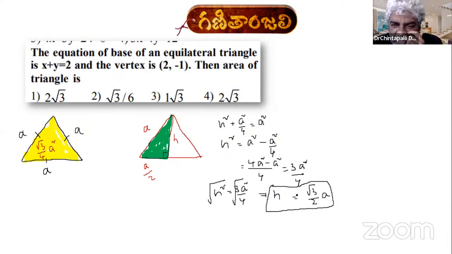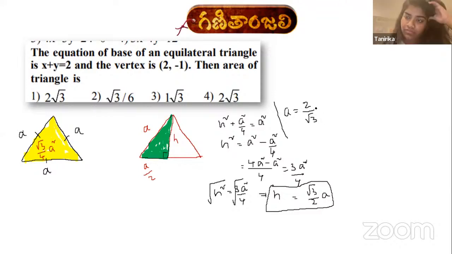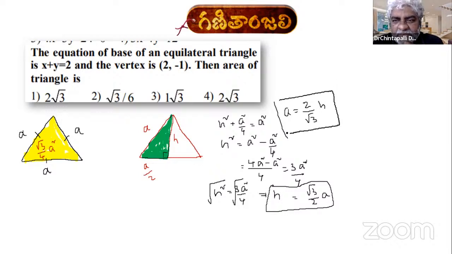If we want to find height, h is equal to √3 by 2 a. Or if we want to find a, then a is equal to 2 by √3 h. The fraction will be reciprocal, right?